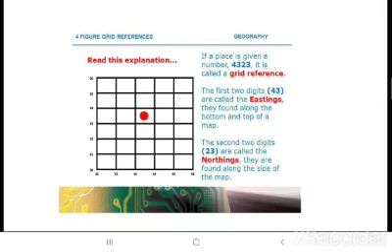See, suppose I want you to find out the grid of this dot. So what will be the grid reference? First you will mark the eastings. So in the eastings, which line is to the left of this red dot? The line is 4, 3, 43. And what are the digits according to the northings?